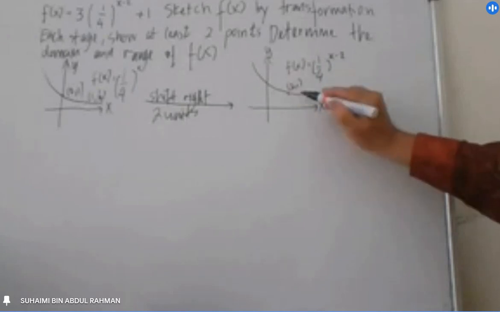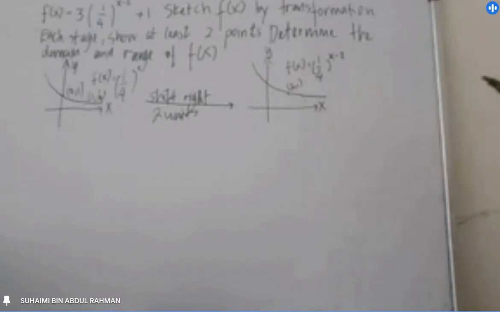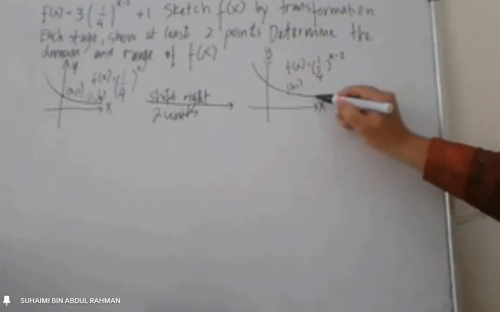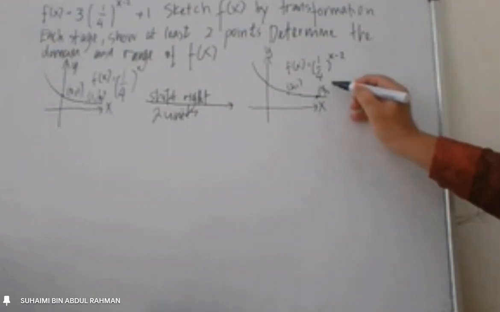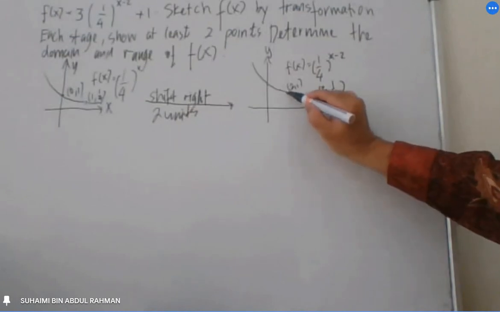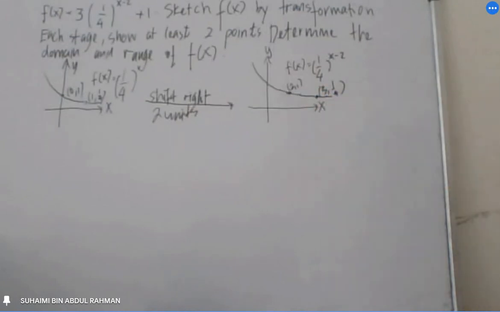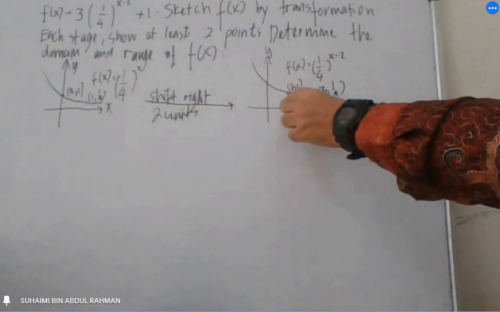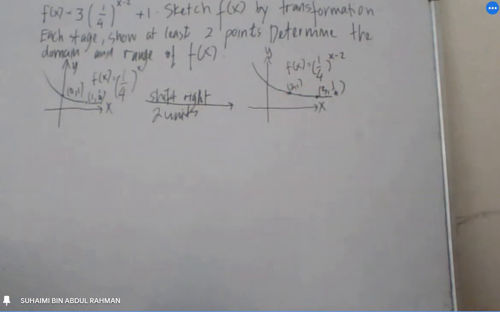The point 1, 1/4 will go to the point 3, 1/4. The locations of the points may not be exact because we just sketch the graph, but the important thing is we show that the point is here.